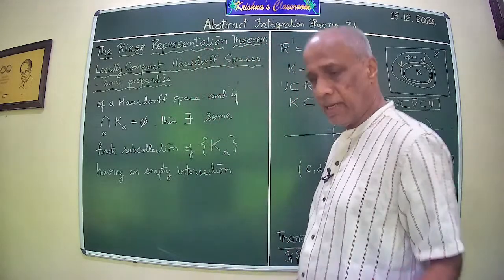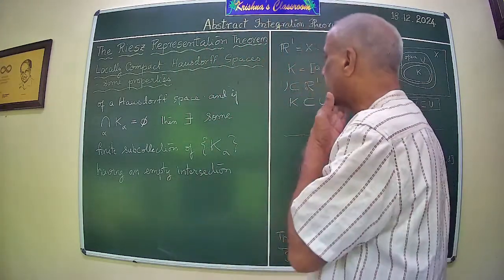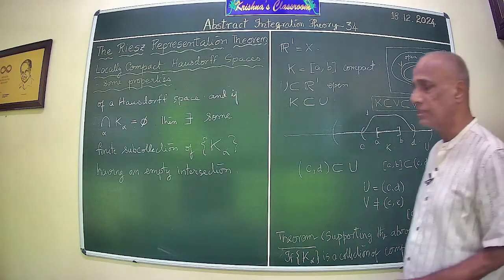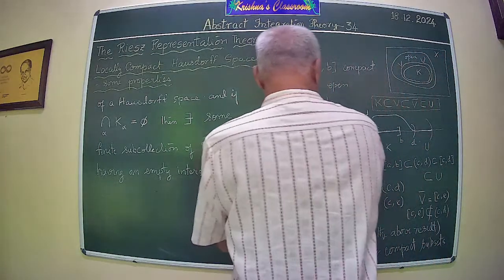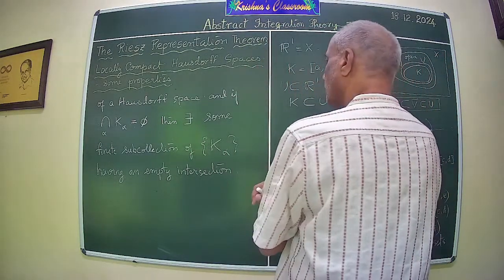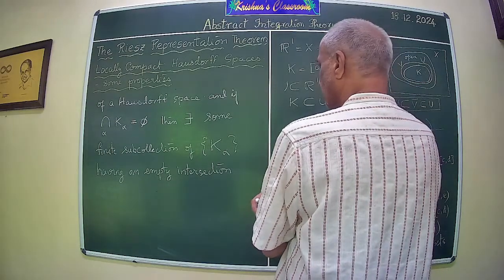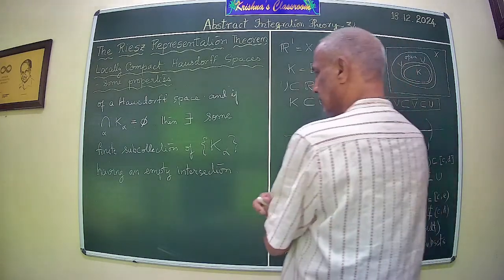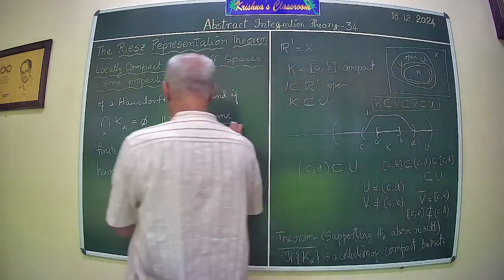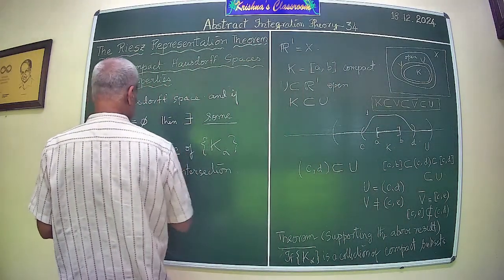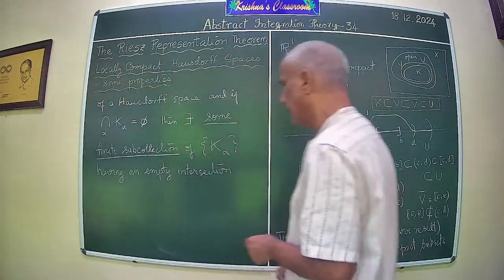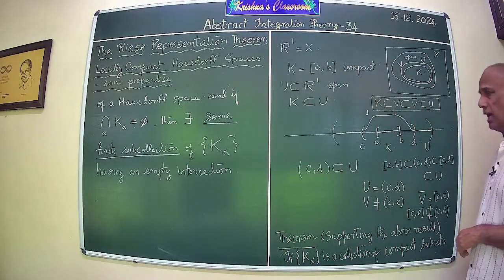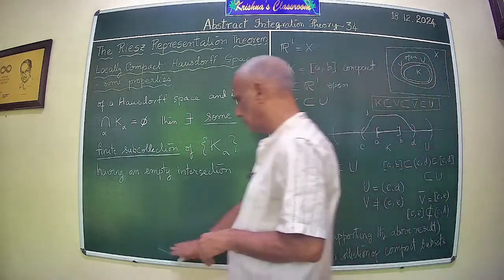So we are having the situation that K alpha is a collection of compact sets with the property that the intersection of K alpha is empty. Then there exists some finite subcollection, say K1, K2, etc., Kn of this collection K alpha having an empty intersection.